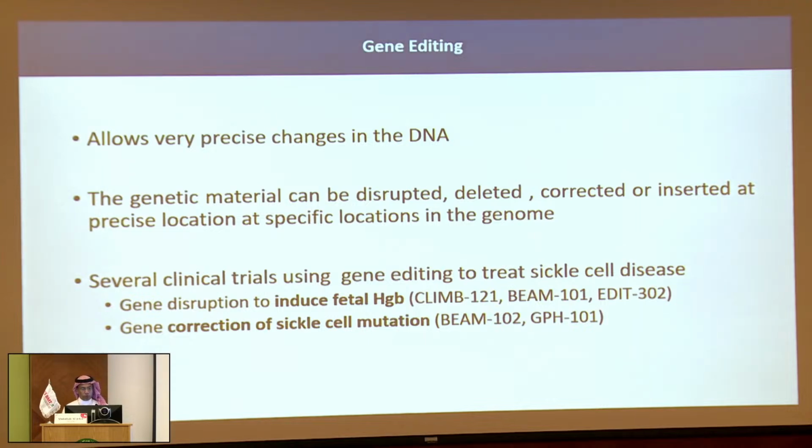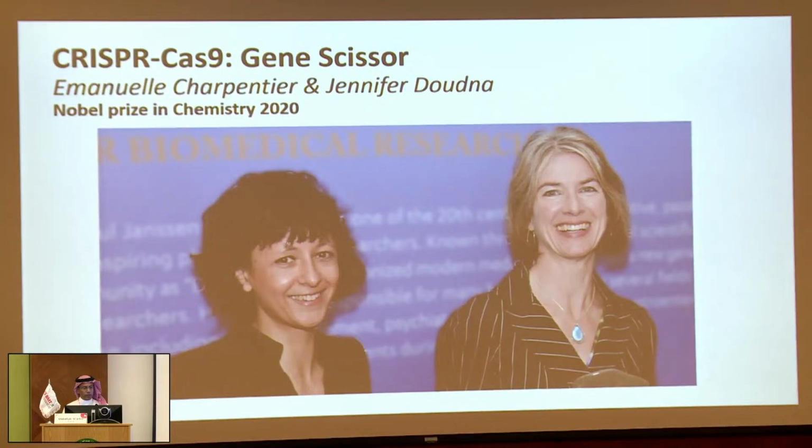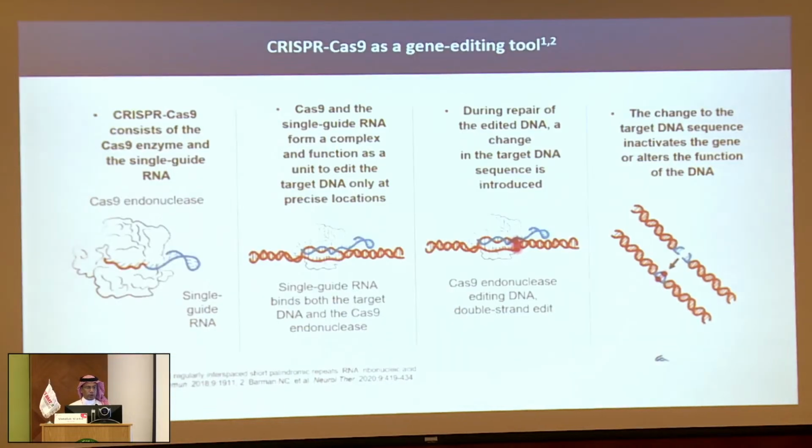I'm not going to go through them, but thanks to these 2 scientists, Dr. Carpentier and Dr. Doudna, they won the Nobel Prize in 2020 in chemistry for their discovery, the CRISPR-Cas9. Interestingly, their observation on how bacteria defend themselves against viruses was through this mechanism, and they learned that and applied it in humans and clinical trials.